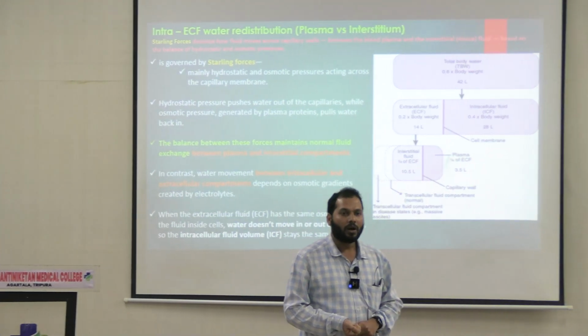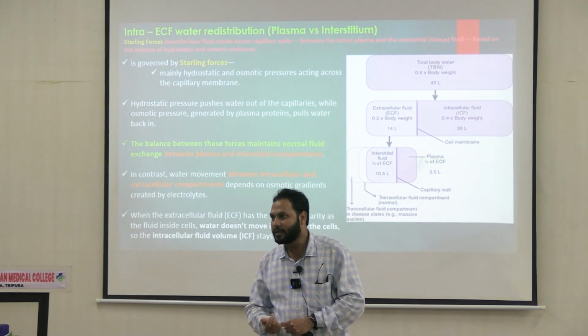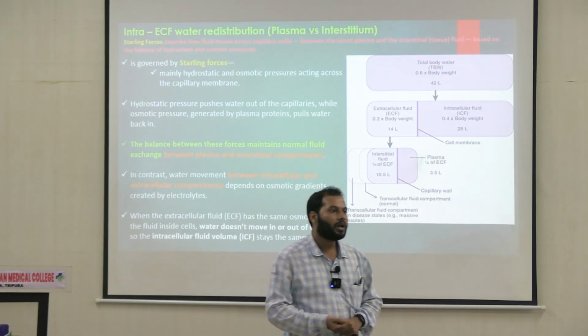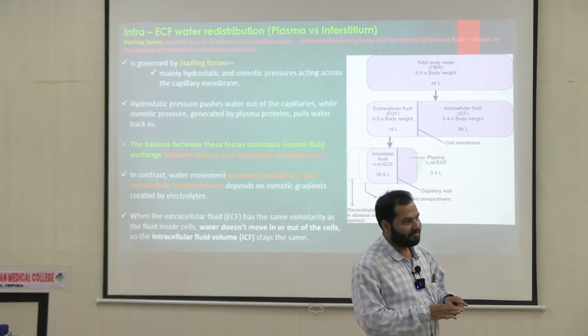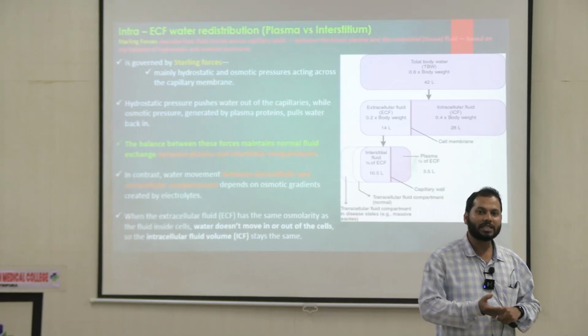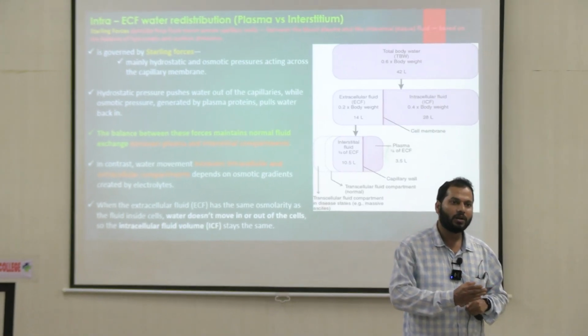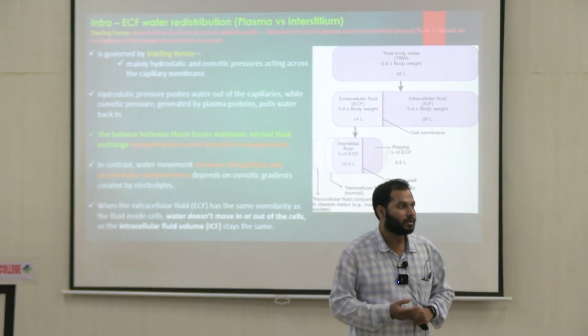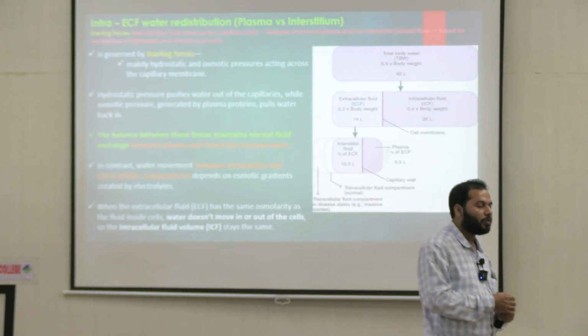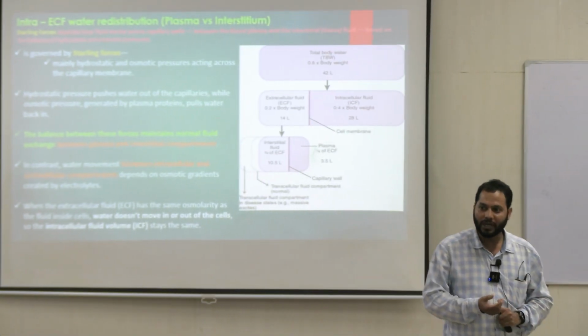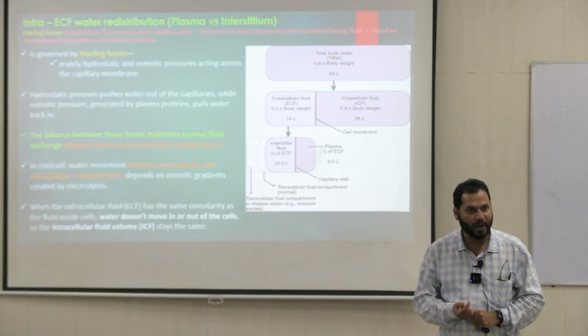Actually, in this particular case, if there is any concentration difference between blood plasma and interstitial space, the molecules, mainly the water molecules, will move from the higher concentration gradient to the lower concentration gradient, right?